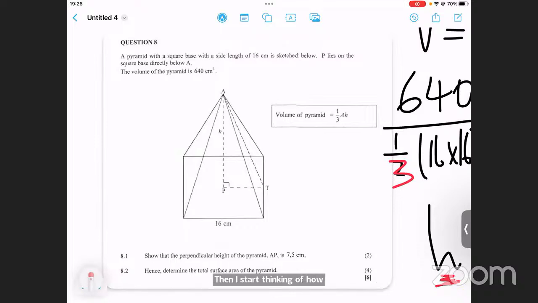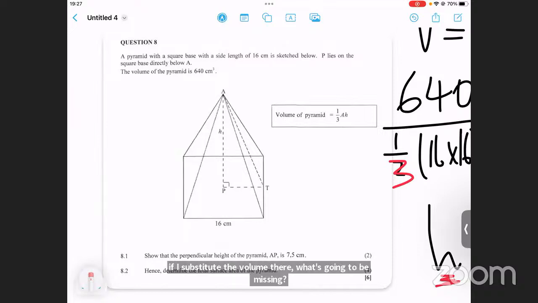I will notice that, okay, PT must be half of that 16. That is the first thing. And then, I'm given the volume, so I check: if I substitute the volume there, what's going to be missing is the area. How can I find the area? It's obviously the area of the base.